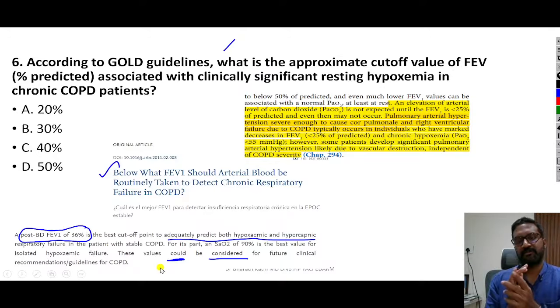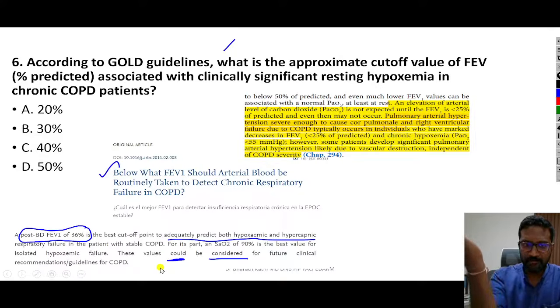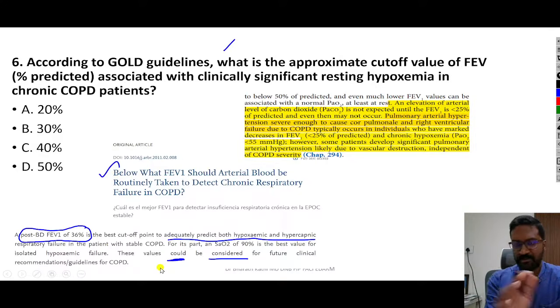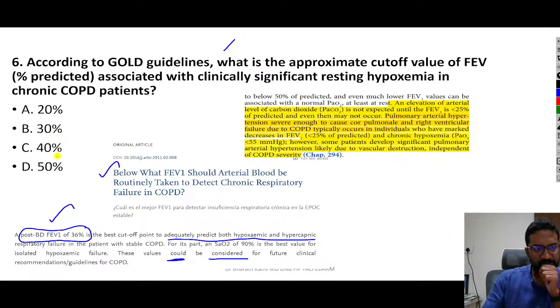Maybe if it was taken from this study, with a post bronchodilator FEV1 cutoff of 36%, then if they say 40%, I don't think that will be the answer. Then it has to be 30%.